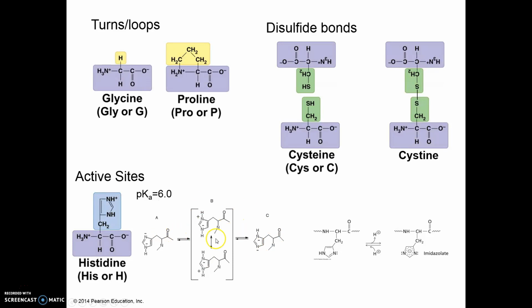This can act as a powerful mechanism in the active sites of proteins. So consequently, one of the most frequent amino acids that we see in an active site is in fact a histidine. It's not the only one, but this unique nature makes it a very versatile thing.